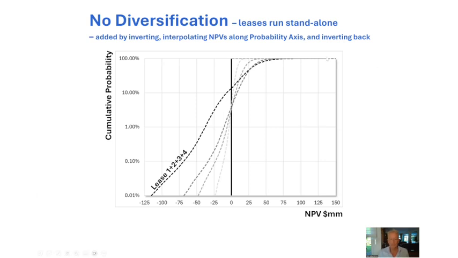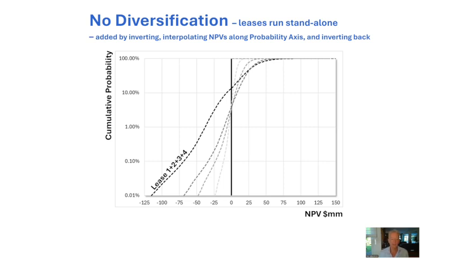So look at this black dotted line. These are the 4 leases aggregated when they are run on a standalone basis. Now, the way this is done is that I have to invert the cumulative probability NPV diagram.